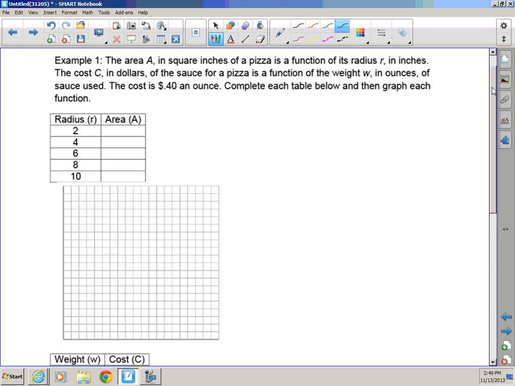Now, I want to complete this table based upon the varying measures of radius. If you remember the formula, A equals pi r squared, that is the formula for the area of a circle. I can convert this into y equals pi x squared, where x is the radius and y is the area. Completing this table using the formula, I get the following values.